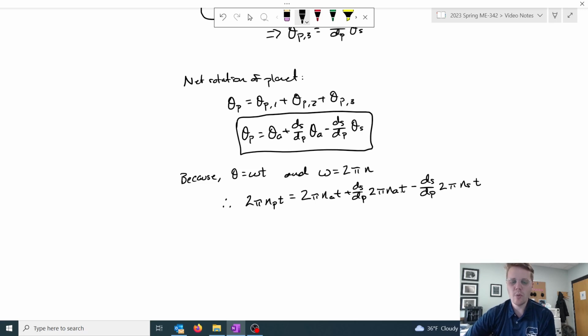And what we see here is that all of these 2 pi terms are going to cancel, so we can cross all of those out. And we can represent the equation, the t's cross out as well. Those all cancel each other, so I'll cross those out as well. Now we can represent the equation as np equals.